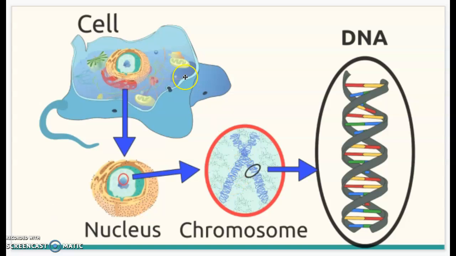So basically you have your typical animal or plant cell. Inside the cell is the nucleus. Inside the nucleus are the chromosomes. Inside a chromosome is the DNA.